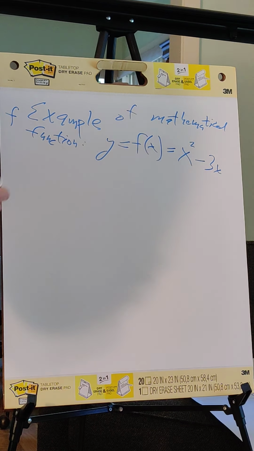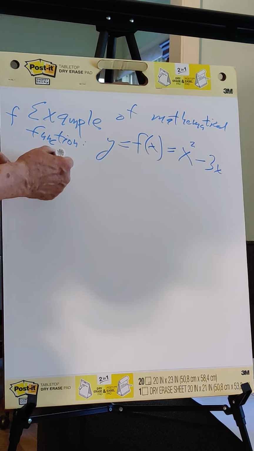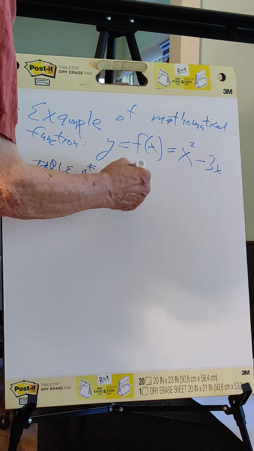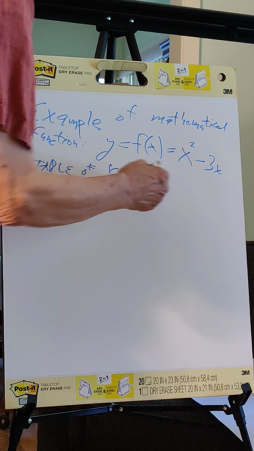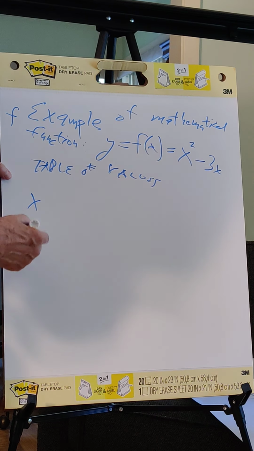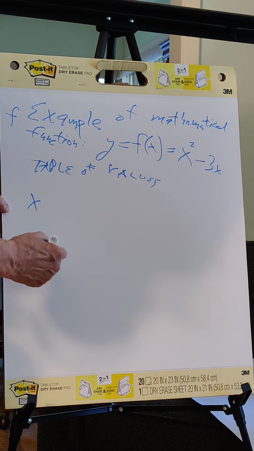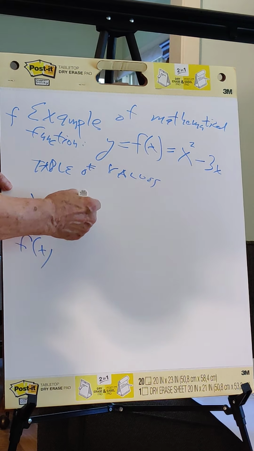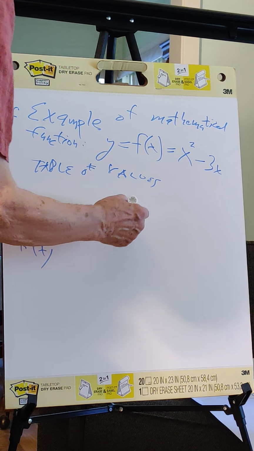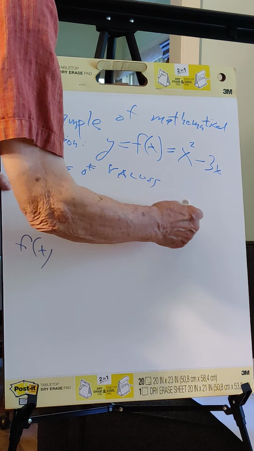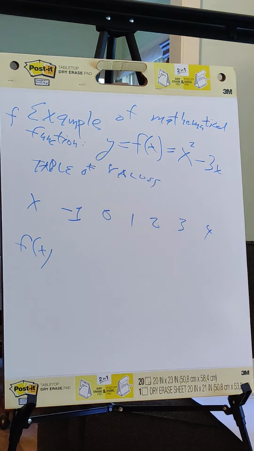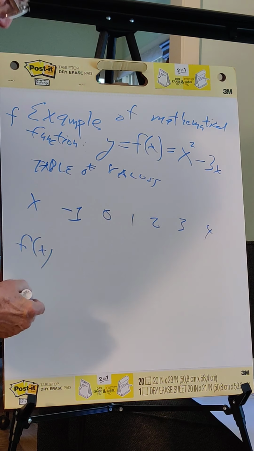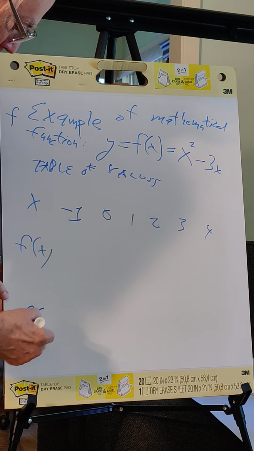So we can make a table of values. All right, so here's x and here's f of x. So let's go, say, from -1 to 4. Let's calculate, for example, the value f of -1.